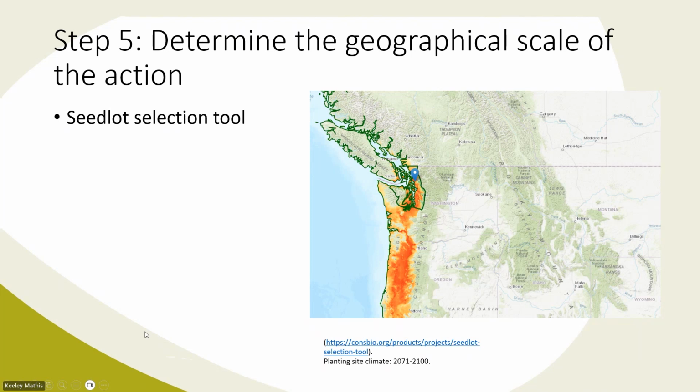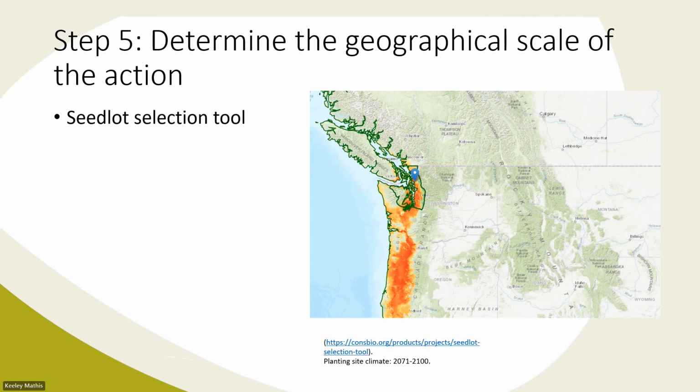But I use the seed lot selection tool to determine where exactly I'm going to source those seeds from. If you're curious, in 2020, we did a whole presentation on how to use the seed lot selection tool. It's on the Skagit Watershed Council YouTube page. And so you can learn exactly how to set it.